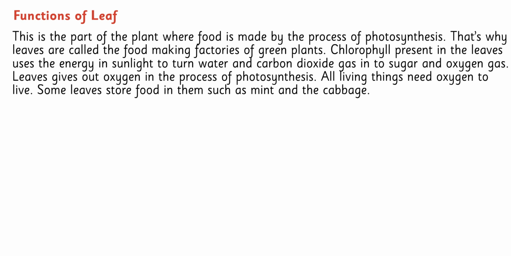Chlorophyll present in the leaves uses the energy in sunlight to turn water and carbon dioxide gas into the sugar and oxygen gas. Leaves give out oxygen in the process of photosynthesis. All living things need oxygen to live. Some leaves store food in them, such as mint and the cabbage.